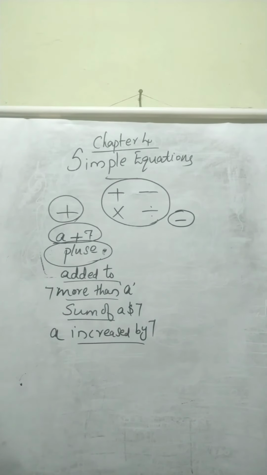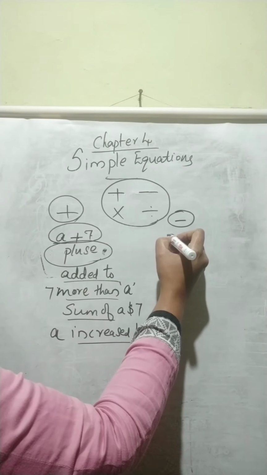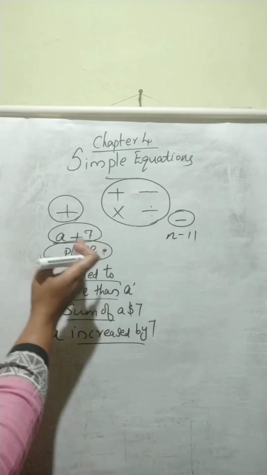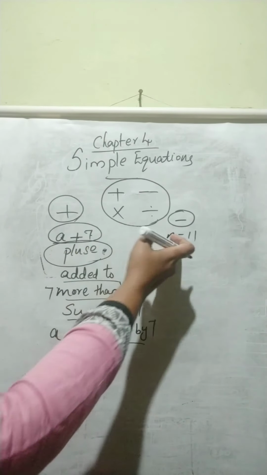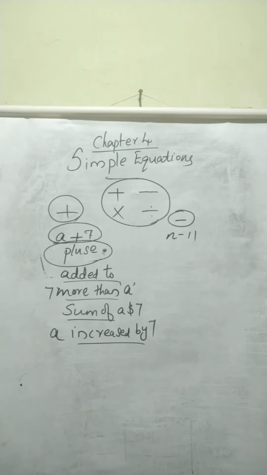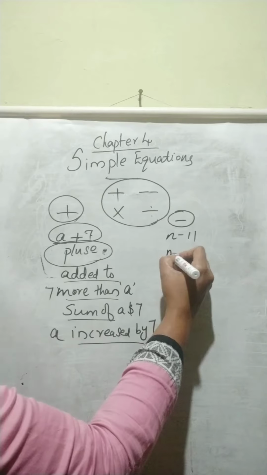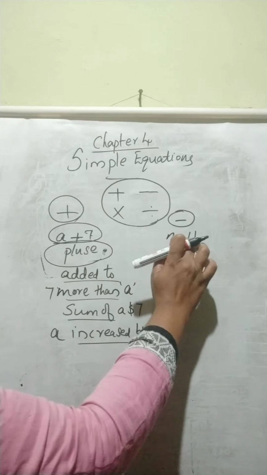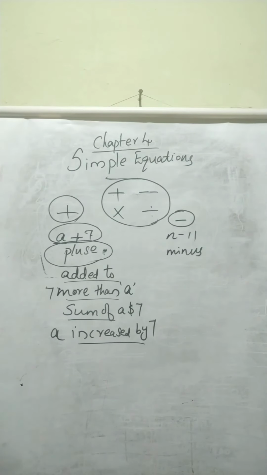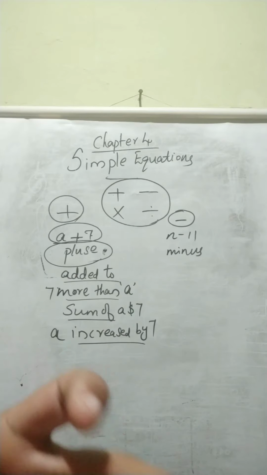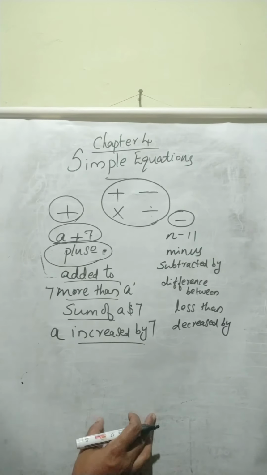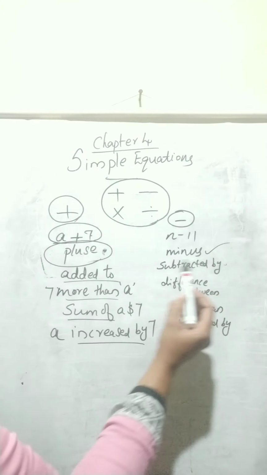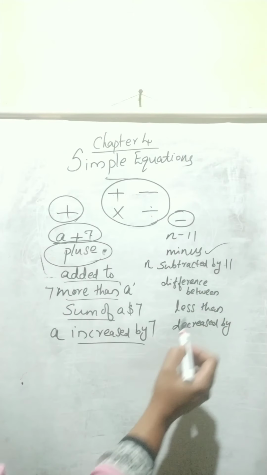So we can say n minus 11. Here I used a before, and here I can use n or any other variable. Minus is the one, so we can say n minus 11. Then n subtracted by 11.